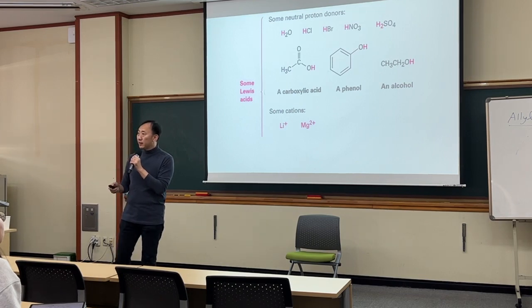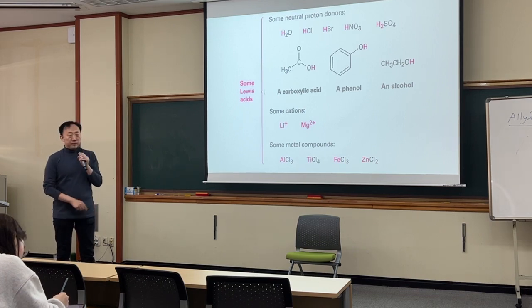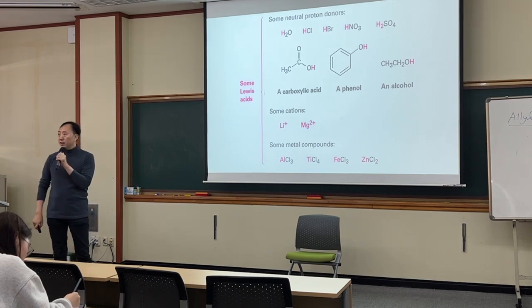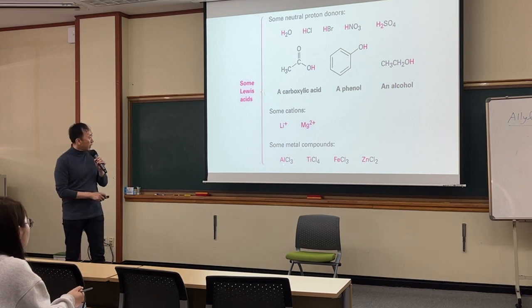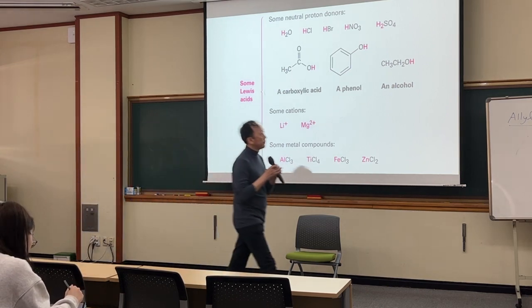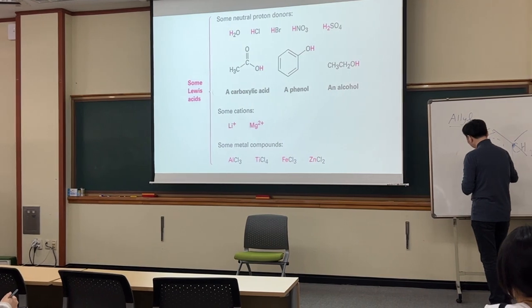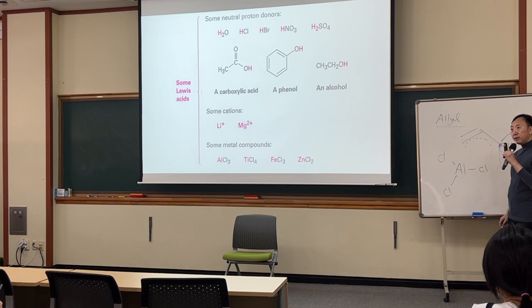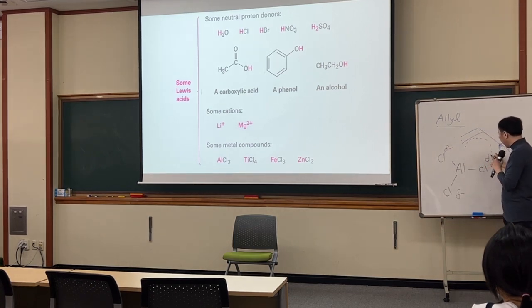Not only the ions, if the metal makes a stable bond with its partners like this, this complex is difficult to dissociate. Still, if you look at this bond, Al and Cl, aluminum is more electropositive than Cl. Chloride is more electronegative, so this one takes more electron.